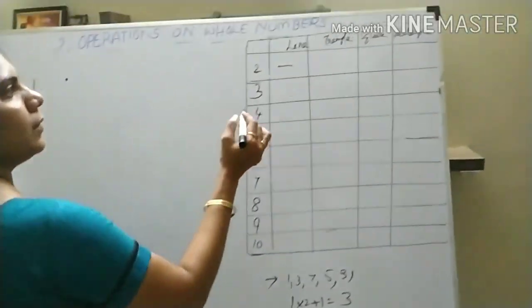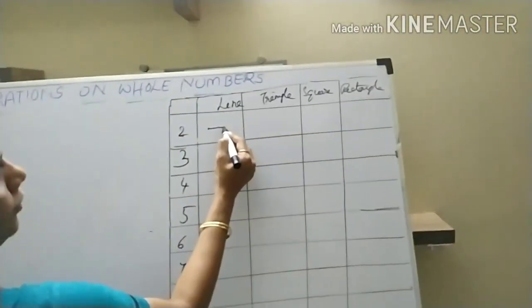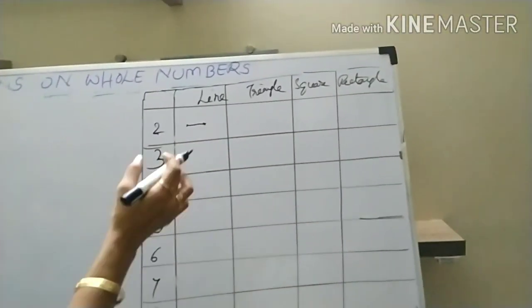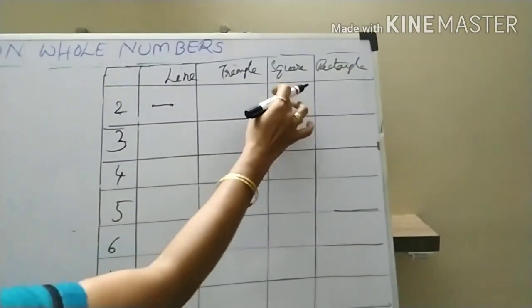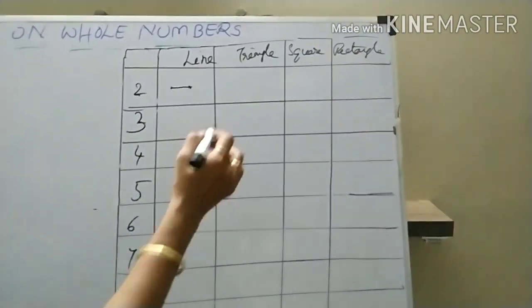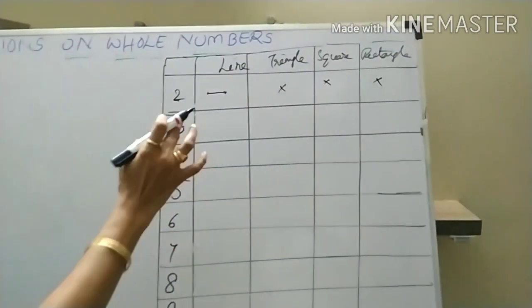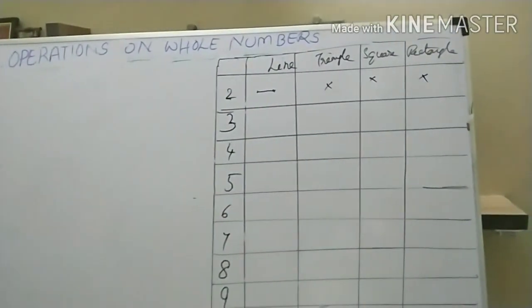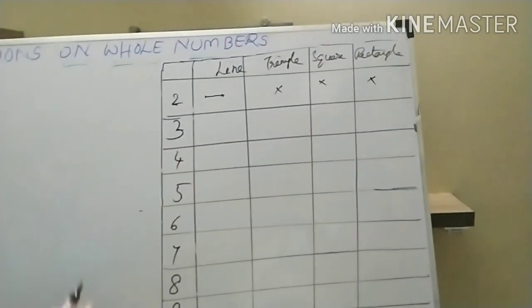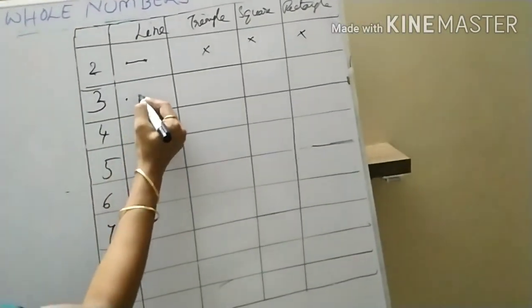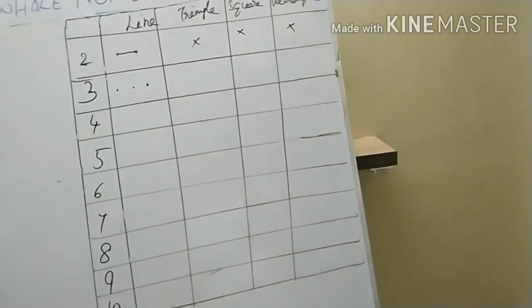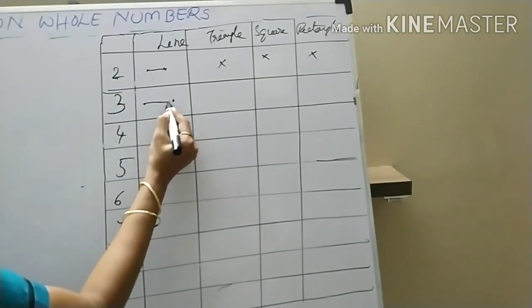See how? I am taking 2 dots. You are getting a line. With 2 dots, you can't form a triangle, you can't form a square, you can't form a rectangle. So these shapes you can't get with 2 dots. Now come to 3. With 3 dots, 1, 2, 3, I can make a line here.